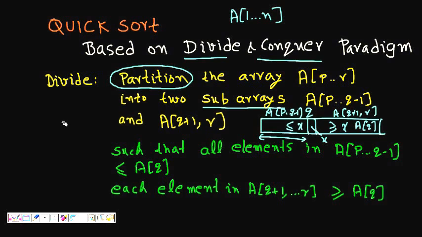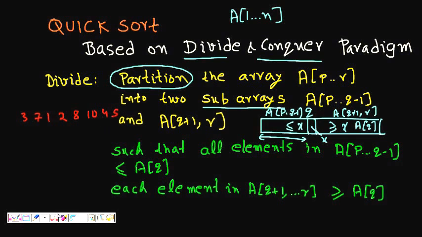For example, let's say we have the numbers 3, 7, 1, 2, 8, 10 and 4, and let's say we have one more, 5. So we have a total of 8 elements. If we want to partition this array into two parts, we take the last element as the pivot element.